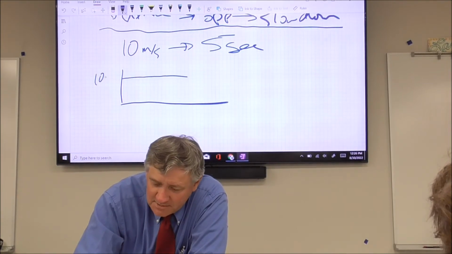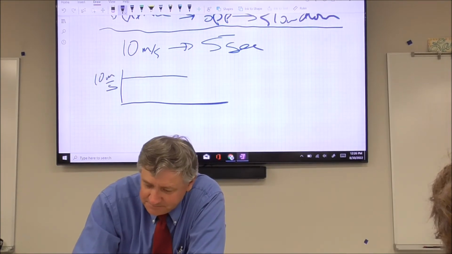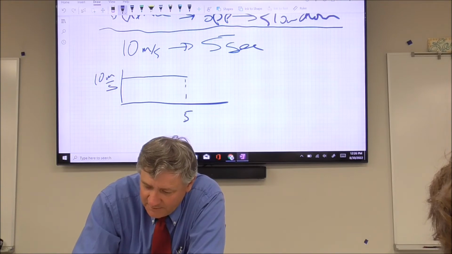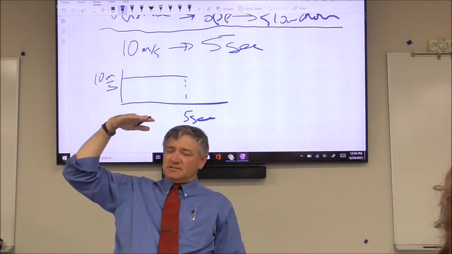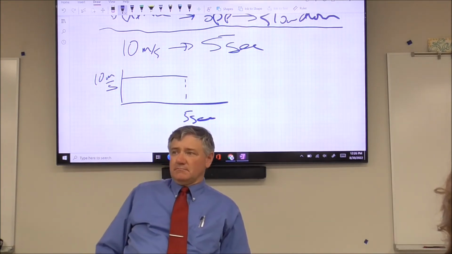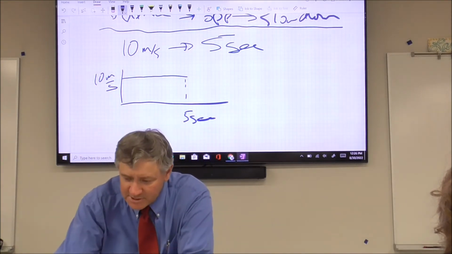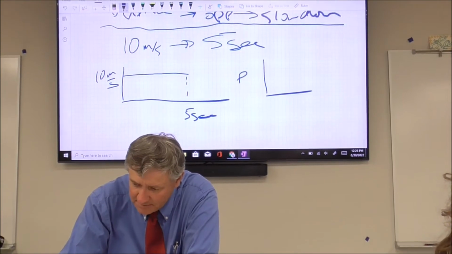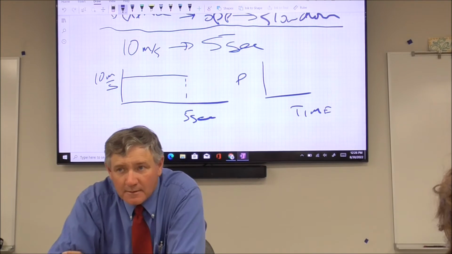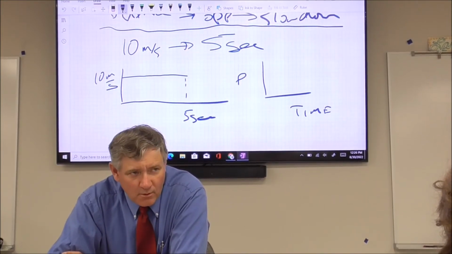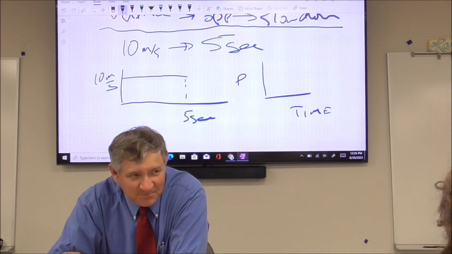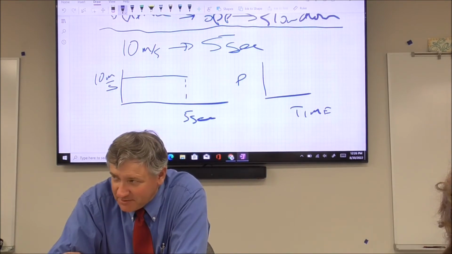Okay. So you have 10 meters per second, right? For 5 seconds. Does that show a constant velocity of 10 meters per second? Yes. Now, how would I show that on a position time graph? Well, what does the slope of a position time graph give you?